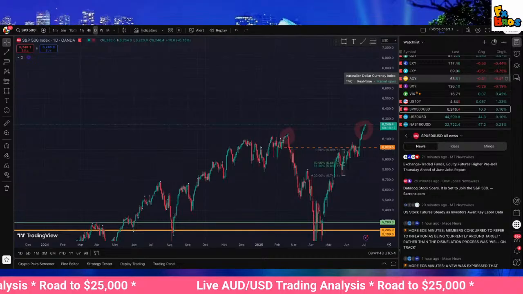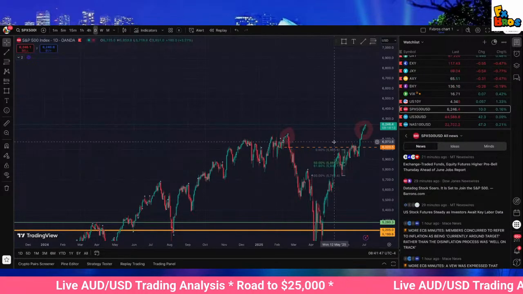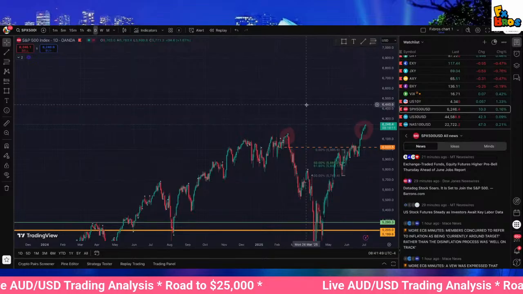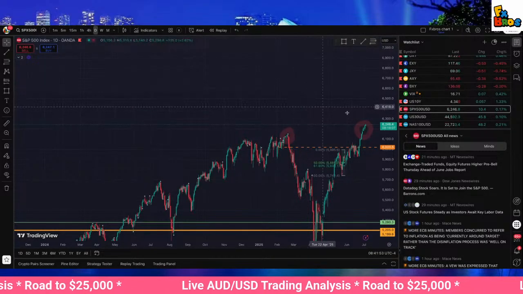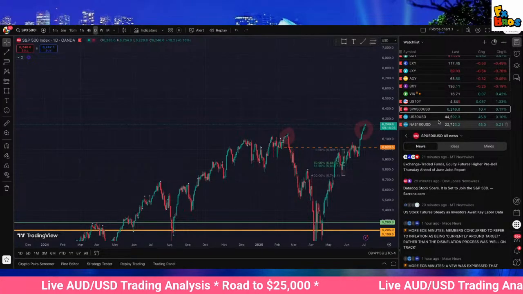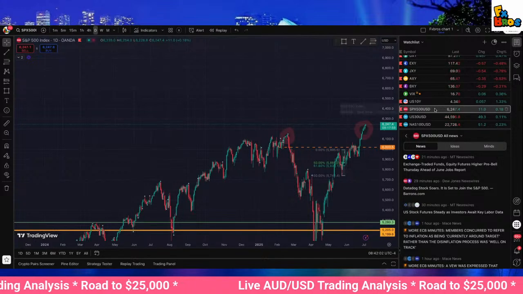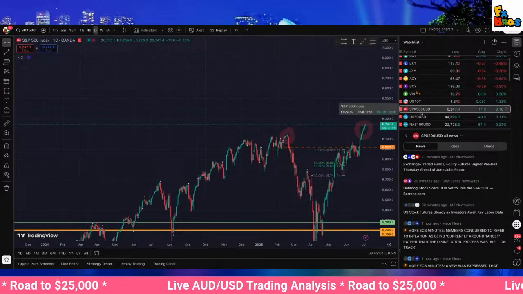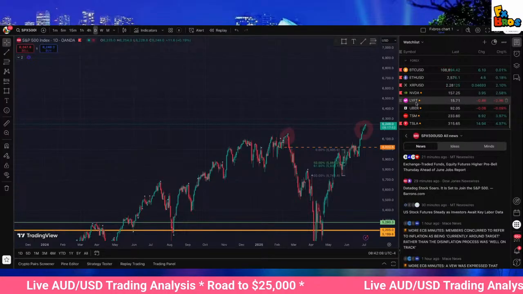I know if they cut rates, that's bullish for the market. They're still not cutting, so even though the market is still producing all-time highs. Yeah, it's good though for people who are holding stocks.